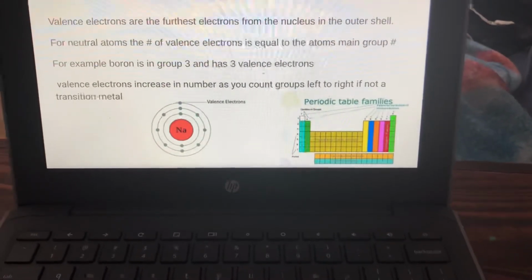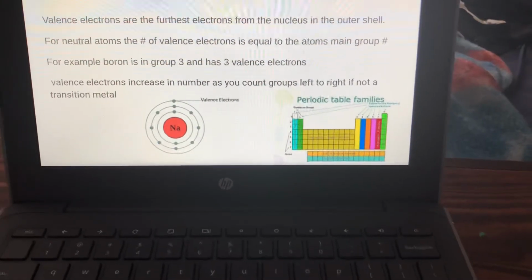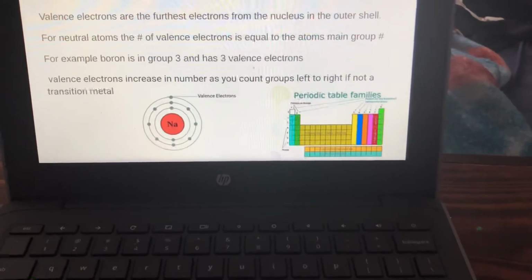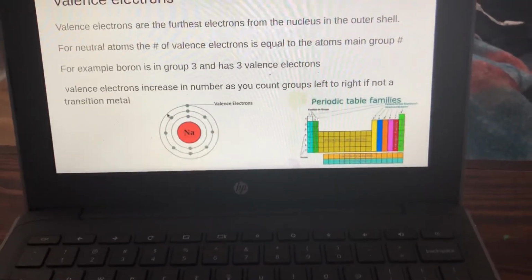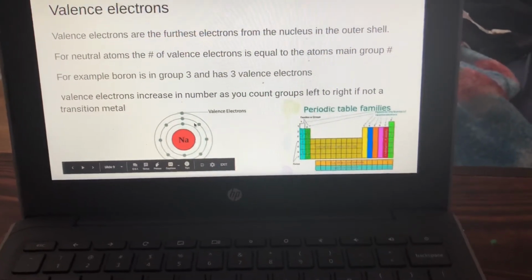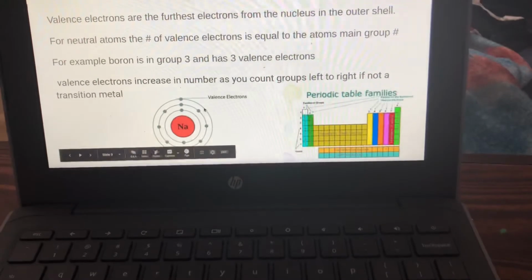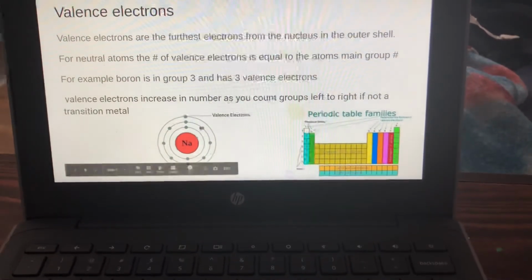Valence electrons increase in number as you count groups left to right, if it's not a transition metal. The valence electrons are the electrons that are all the way on the outside. These little lines are called shells.